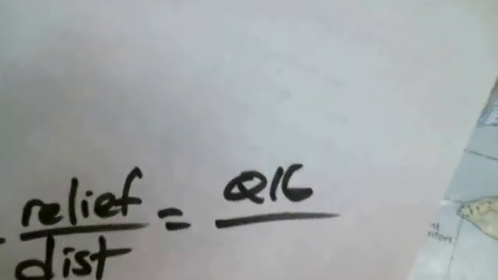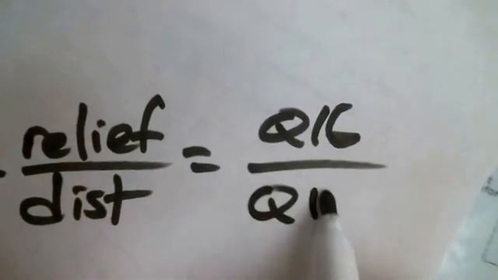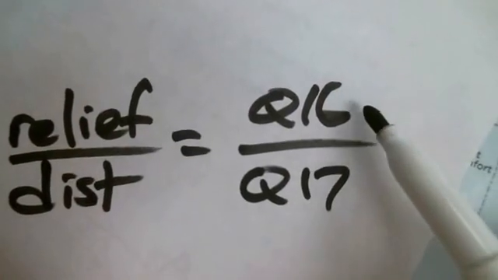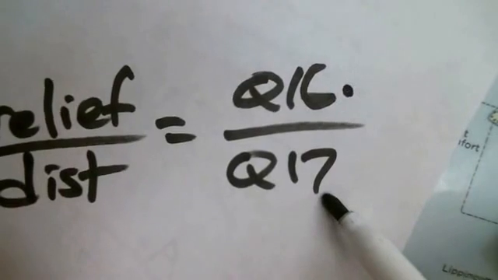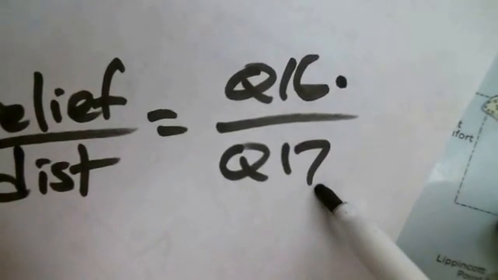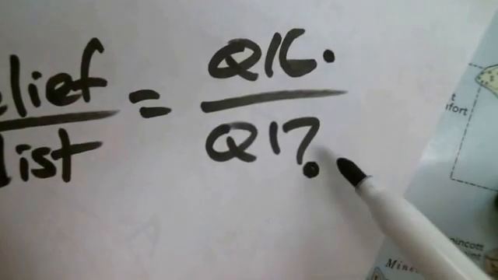The relief is found in question number 16. And the distance we just figured out in question number 17. So you put in the number that we got for question 16. You put in the number for number 17 down here. How many thousand feet is it? And then do your division. You'll need your calculator.